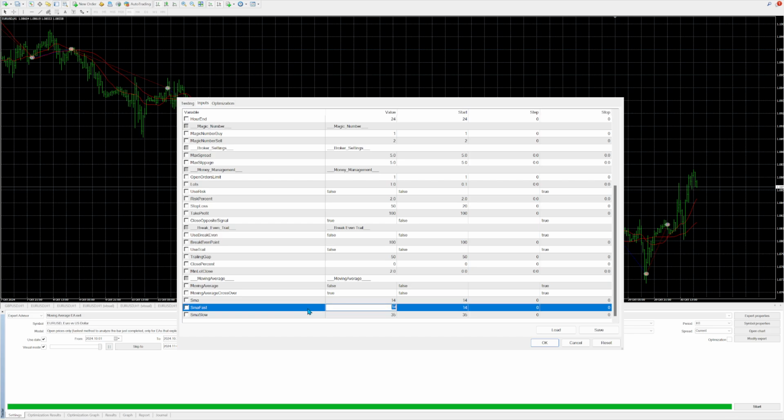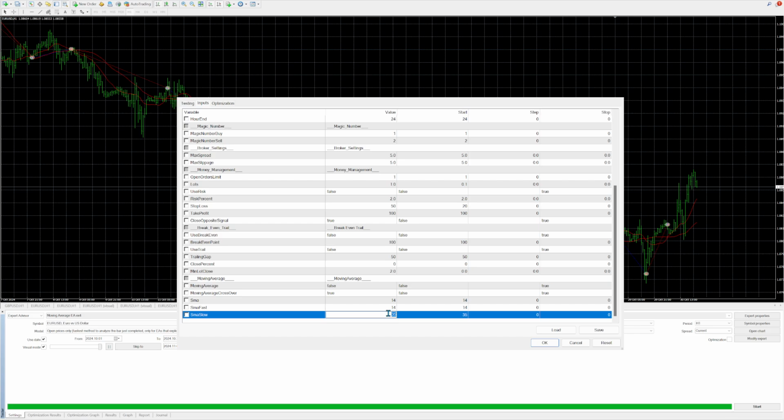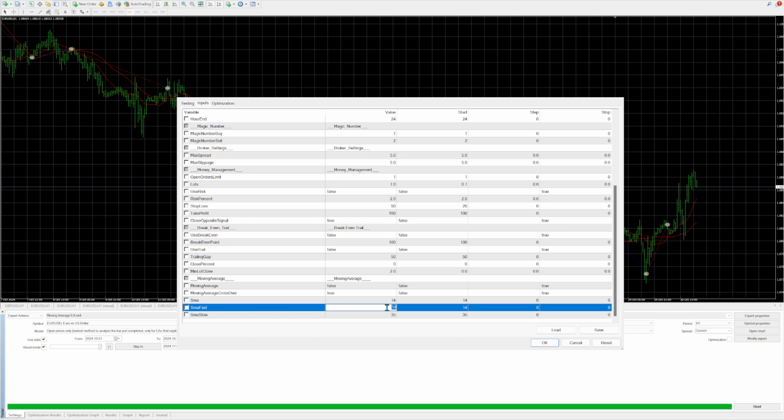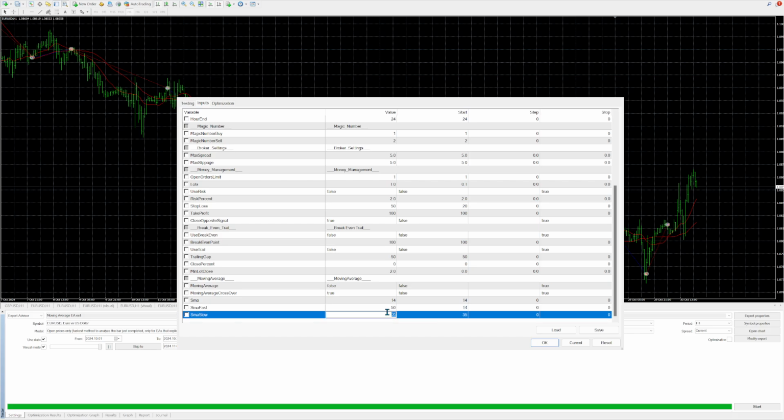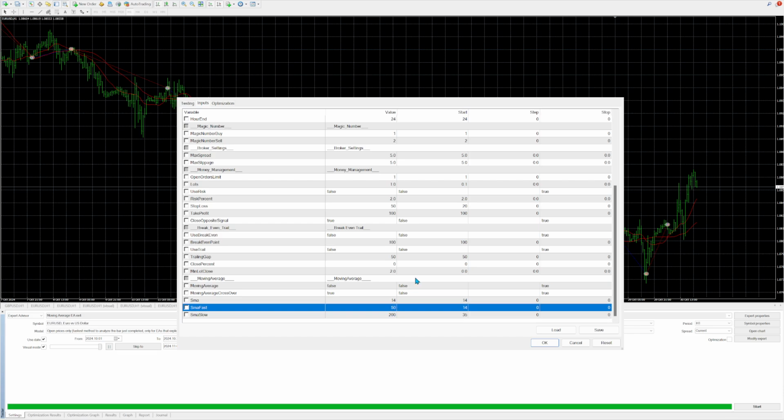Again, you can change the fast SMA and slow SMA values. For example, if you wanted to do a death cross and golden cross, so when the 50 crosses the 200 in an upwards direction, it's known as a golden cross. When the 50 crosses the 200 in a downwards direction is known as a death cross.